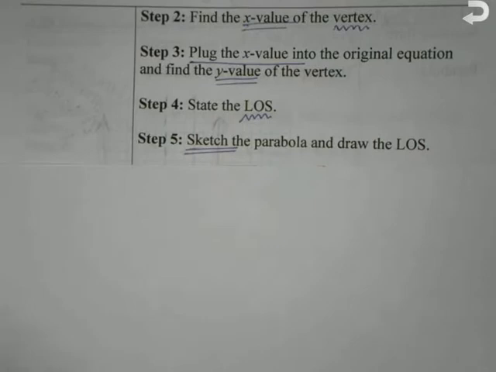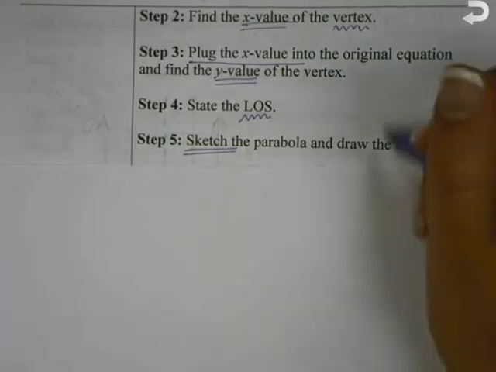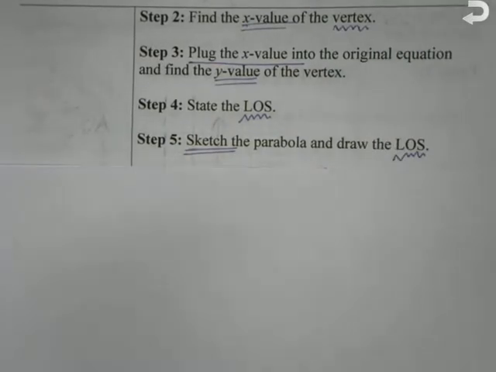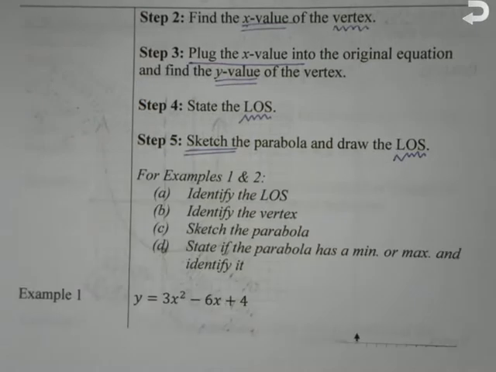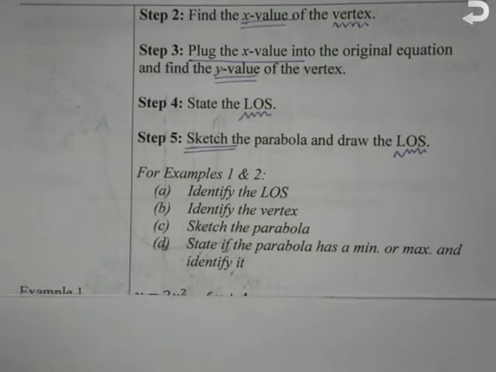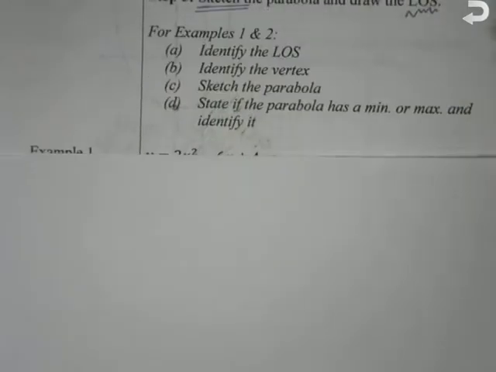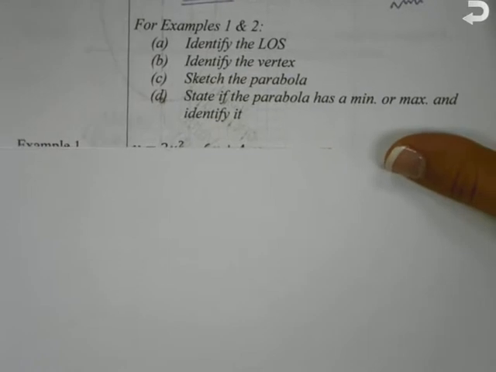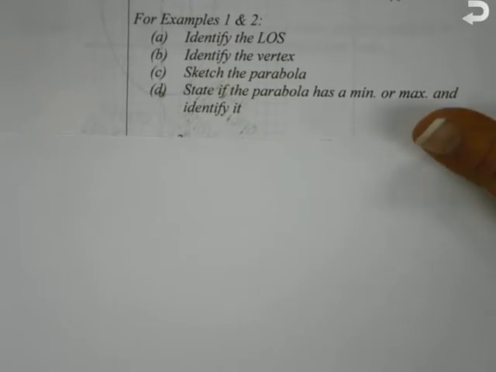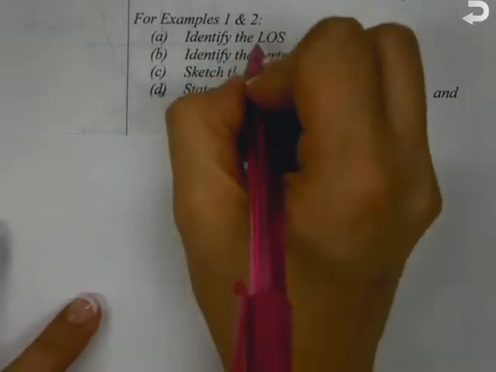For examples 1 and 2, you don't have to write this, but I just wanted to have it written down so that you know what it is we're finding. Part A, identify the line of symmetry. We are going to identify the vertex, so we're going to have to find x and y.